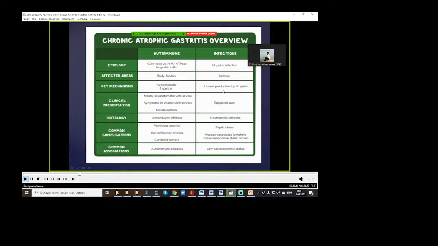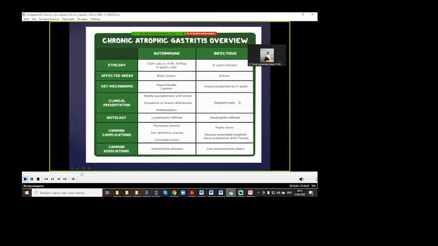Clinical presentation. In autoimmune gastritis, most patients may be asymptomatic, or there may be symptoms of vitamin deficiencies, B12 and iron deficiency, and malabsorption. Malabsorption will be characterized by diarrhea. In Helicobacter pylori gastritis, the main symptom will be pain in the epigastric region.